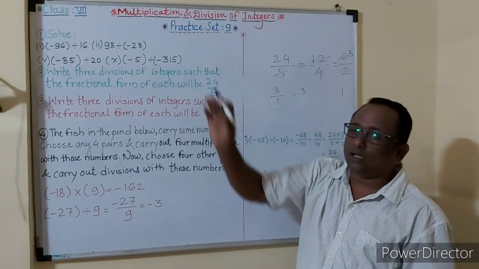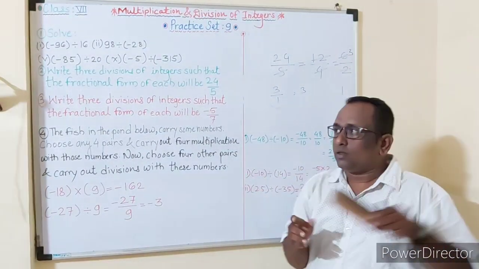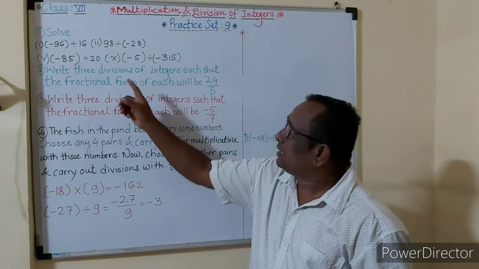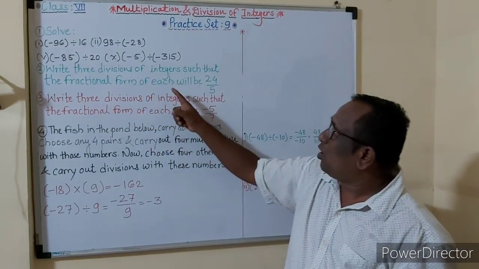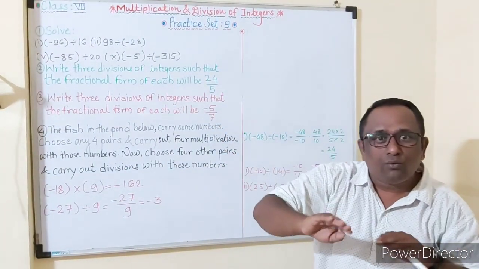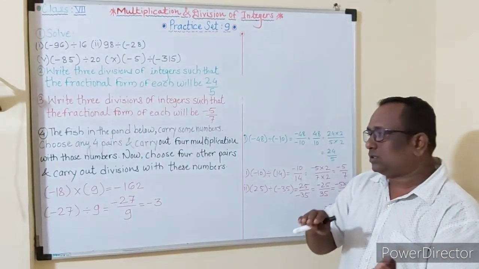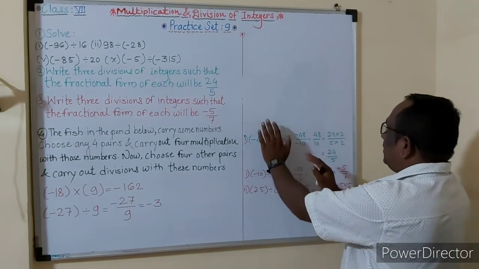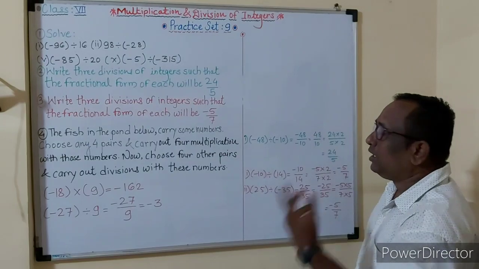Like this way, the first question is there. Now the second one is there. Now here, write 3 divisions of the integer such that the fractional form of each will be 24 upon 5. Here the fractional form is given. We have to write the divisions. Students, look here. Just ignore this portion. Now 24 upon 5, we have to write the division.